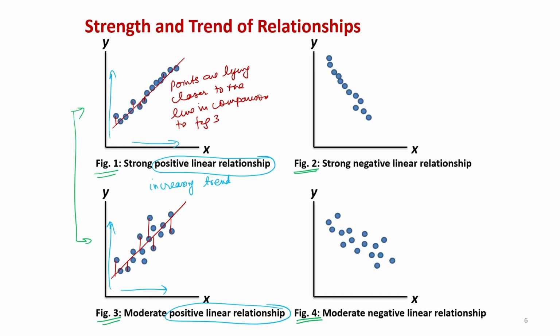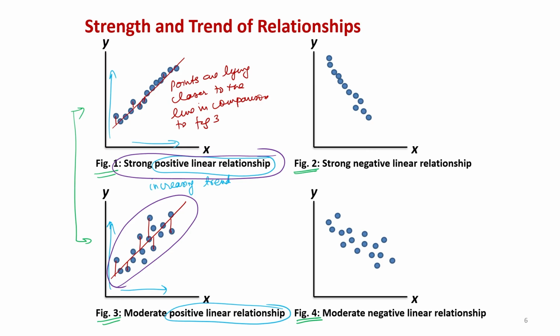So, in this case, if I try to compare the nature of relationship between figure 1 and figure 3, then do you think that I can say that there exists a strong positive linear relationship in figure 1, and the nature of positive relationship in figure number 3 is moderate in comparison to figure number 1?